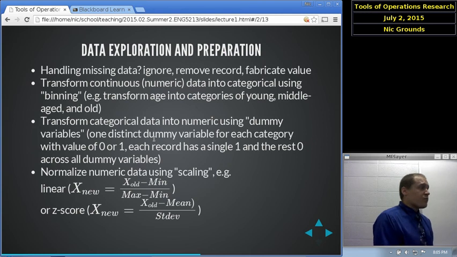So we might have to just fabricate or synthesize or make up a value. So we might say we don't know the GPA for student X, but we know a GPA for everybody else. One way we can handle that is we can just guess what his GPA would be. Maybe we'll just guess the average of all GPAs, right? Or maybe we guess the average of all similar students, same gender, same number of hours, or whatever.